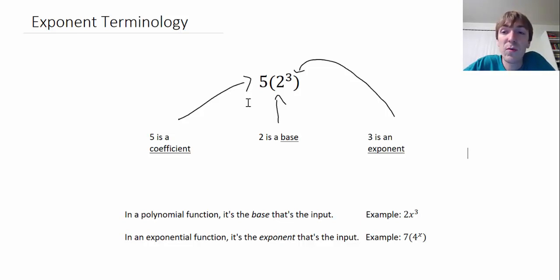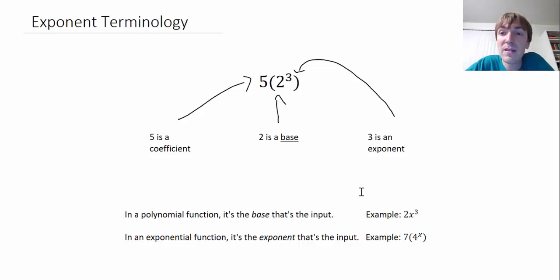The only difference between a polynomial and an exponential function is which of the two numbers we're calling the input variable. So in a polynomial function, it's the base that's the input. So for example, 2 times x to the third. X is the base, right? In an exponential function, we're switching it around.